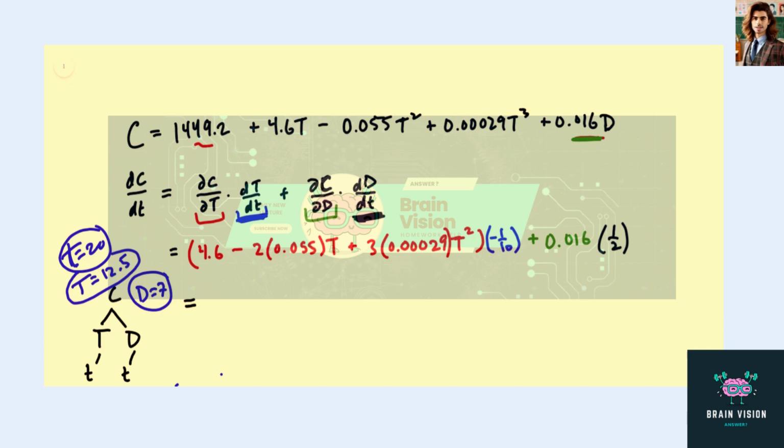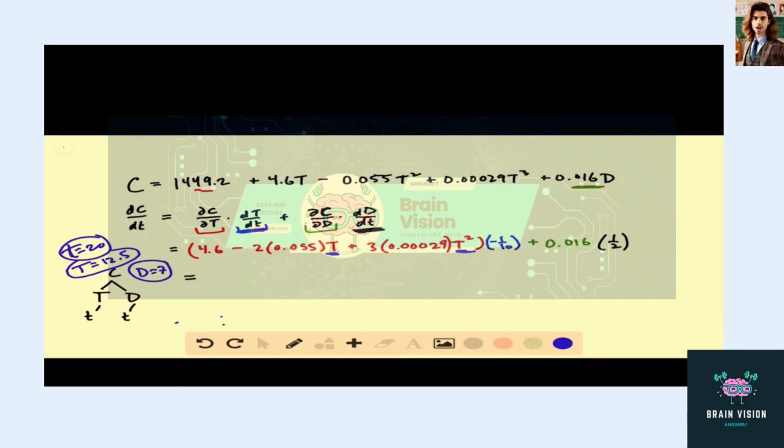Okay, and the rest is just calculator work. So let's see what we've got. Again, let's make sure we're plugging in 12.5 for all these t's. Okay, and we'll be getting the following.